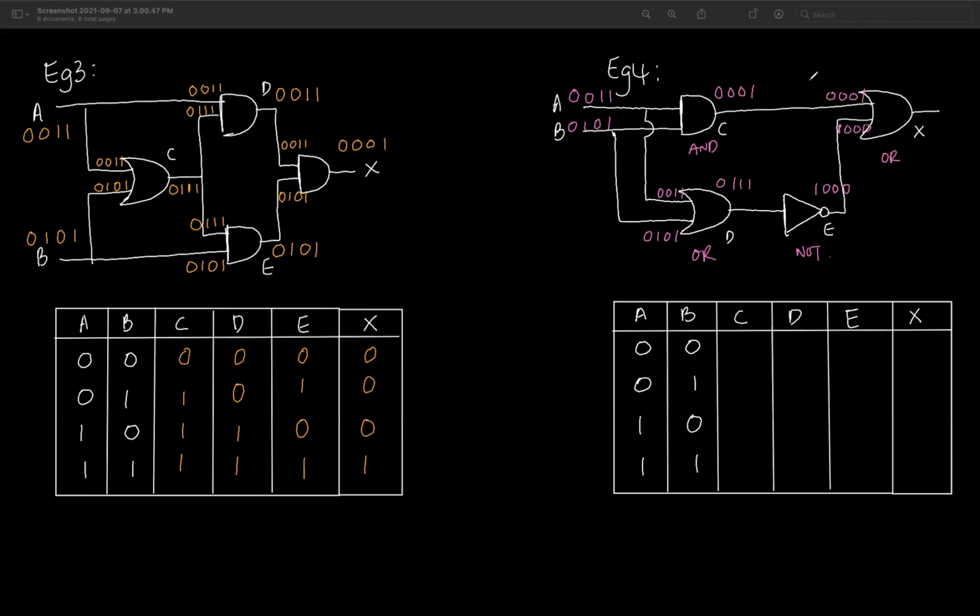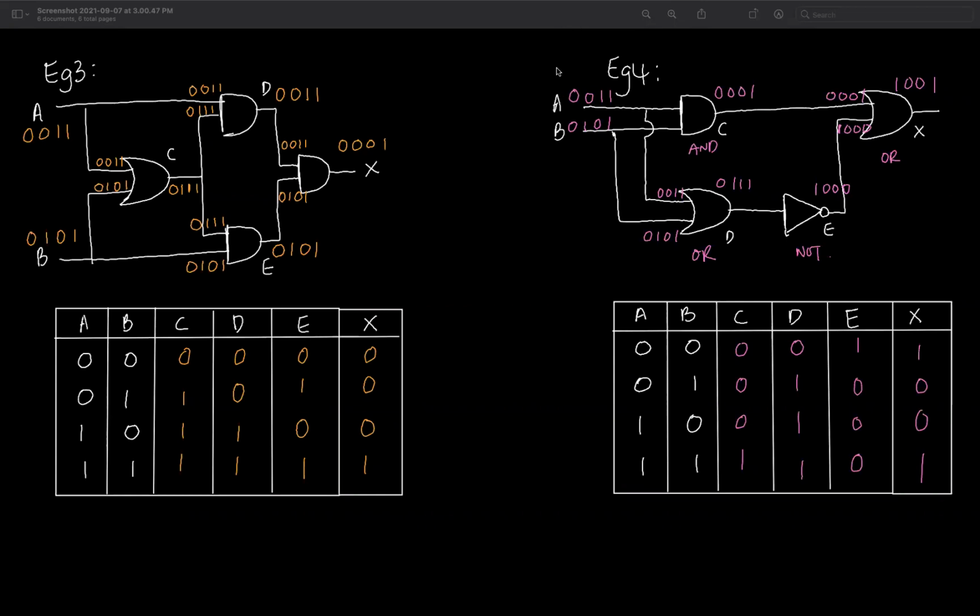Okay, so OR gate, what is this? OR gate 1, 0, 0, 1. That is your outcome. Okay, copy down 0, 0, 0, 1, and then 0, 1, 1, 1, 1, 0, 0, 0, and then the last one 1, 0, 0, 1.